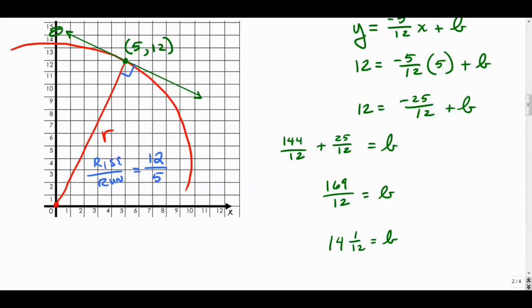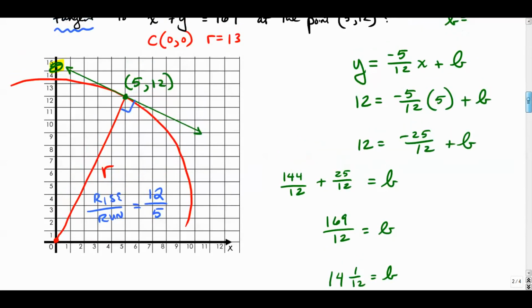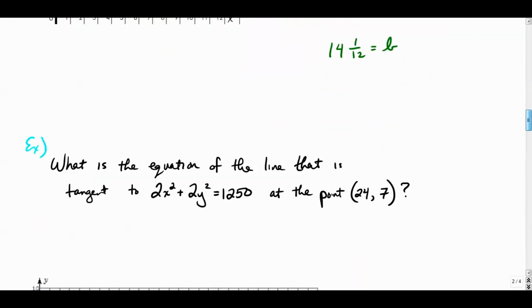The y-intercept is up here, about 14 and 1/12, around 14.08. So we just bring that back up into our equation, plus 14 and 1/12, and we're done. That is the equation of the tangent line to this circle at that exact point of tangency.